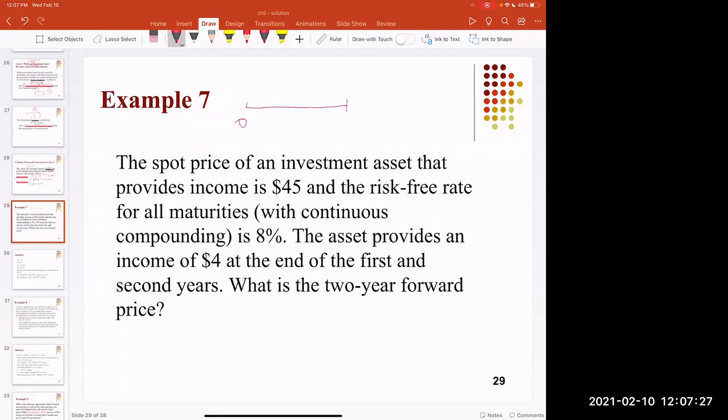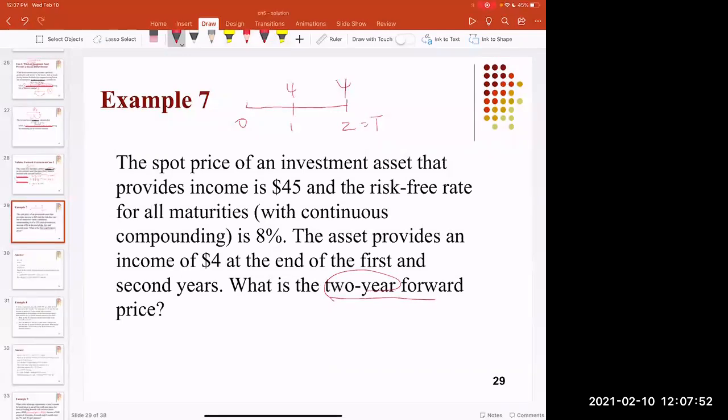Today is 0, and you have income at the end of the first year and the second year. The forward price is for a 2-year forward contract, so capital T is 2, right? So the income is $4 in year 1 and year 2.